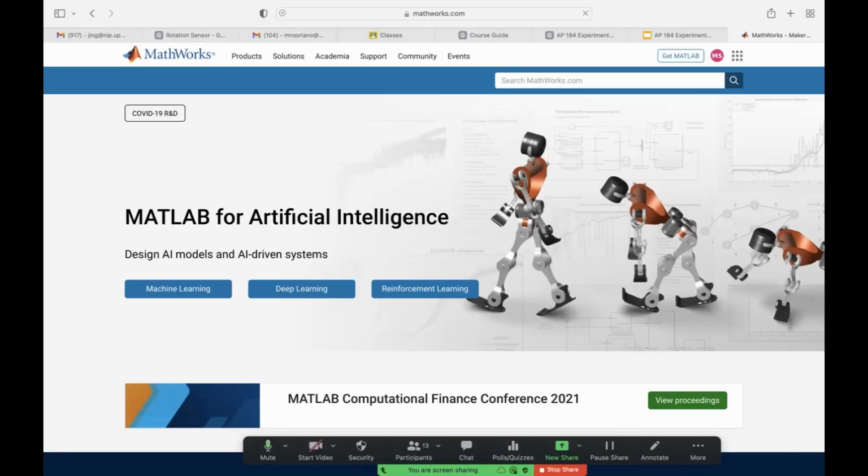Guys, go to mathworks.com. Have you opened your free MATLAB? Kasi if not, go ahead and get MATLAB and tell that you have a UP, University of the Philippines account. And it will allow you to get a free MATLAB account.